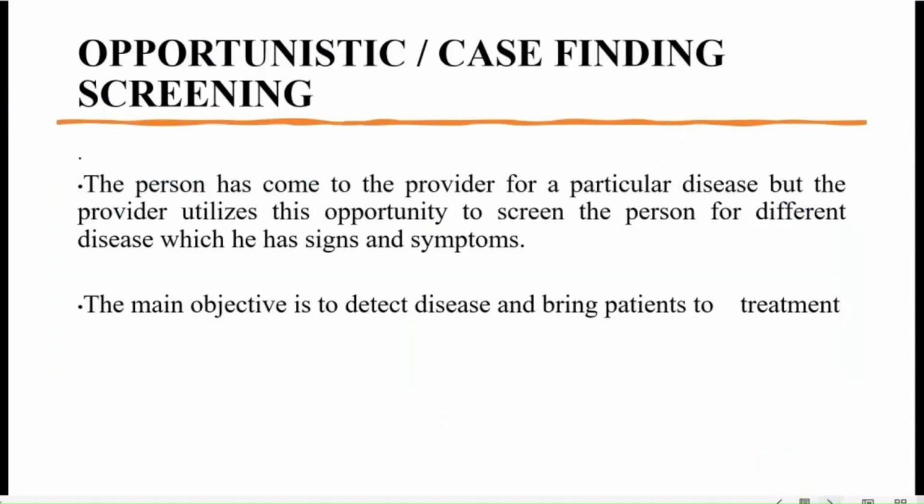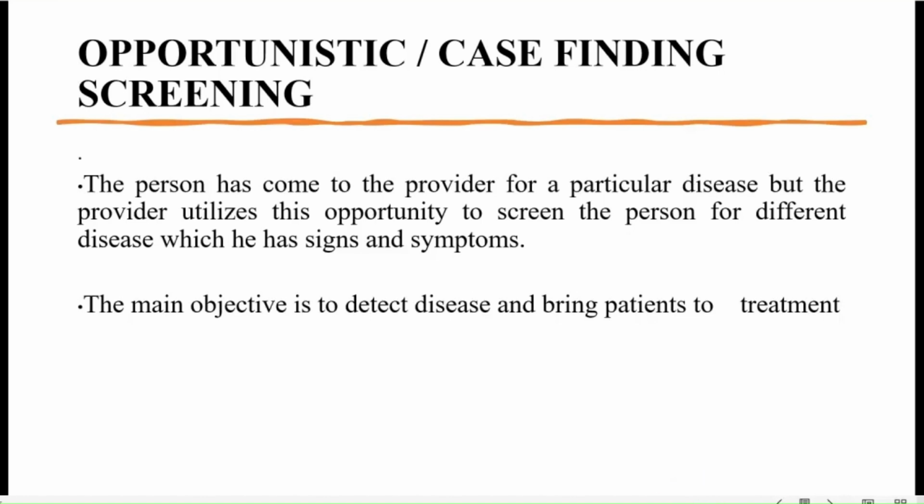The next type of screening is opportunistic screening, which is also known as case finding screening. In this, suppose a patient comes to the hospital for some particular reason, and then we utilize this opportunity, and according to the risk group of that particular person, we screen them for different conditions.